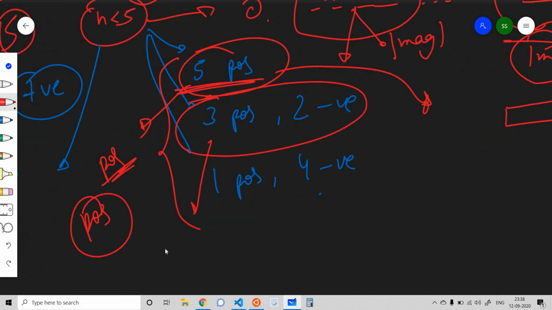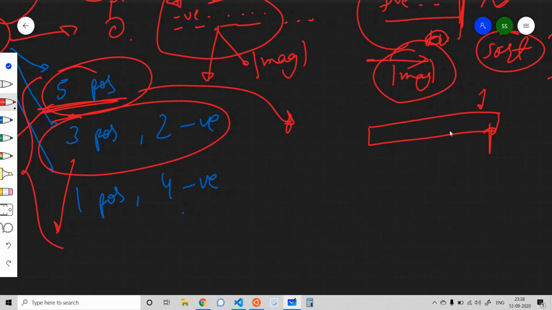Then I'm checking whether I'm having at least 3 positive numbers and at least 2 negative numbers. For that, I'm finding the product of the last 3 elements in my array and the first 2 elements in my array. Because if I'm picking 2 negative numbers, the largest magnitude which I would be getting would be present at the beginning part of my array, as I've sorted them.